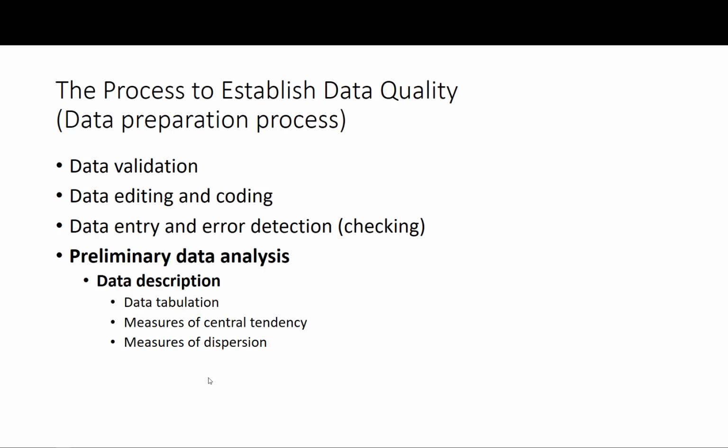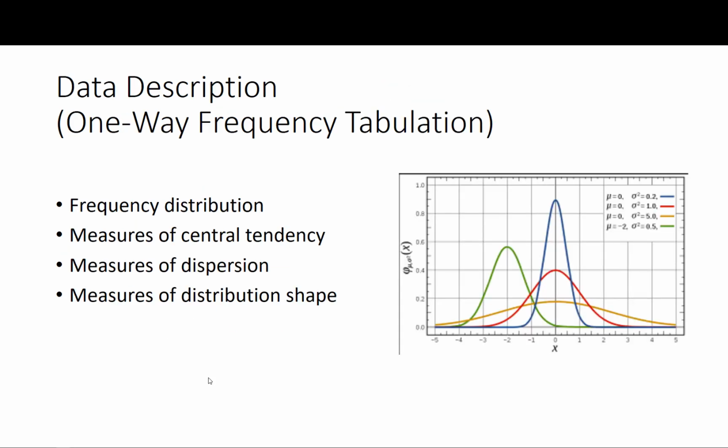So this includes 3 stages: data tabulation, and looking at measures of central tendency and dispersion. So what we're looking at here, we've got frequency distributions, measures of central tendency, measures of dispersion, and measures of distribution shape. So stick with me here.